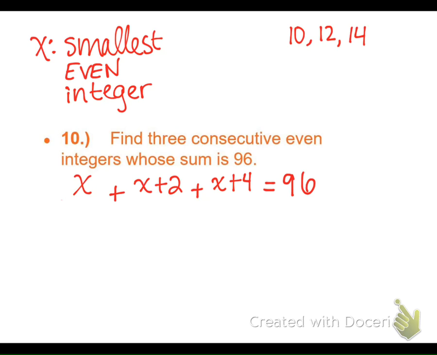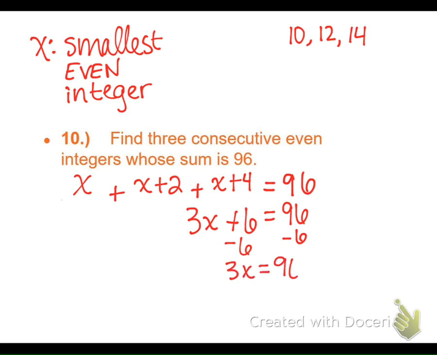Now, when we combine like terms, again, we've got x plus x plus x, that gives us 3x. Positive 2 plus 4 plus 6, still equal to 96. Then we keep solving by subtracting 6 on both sides. 3x equals 90.